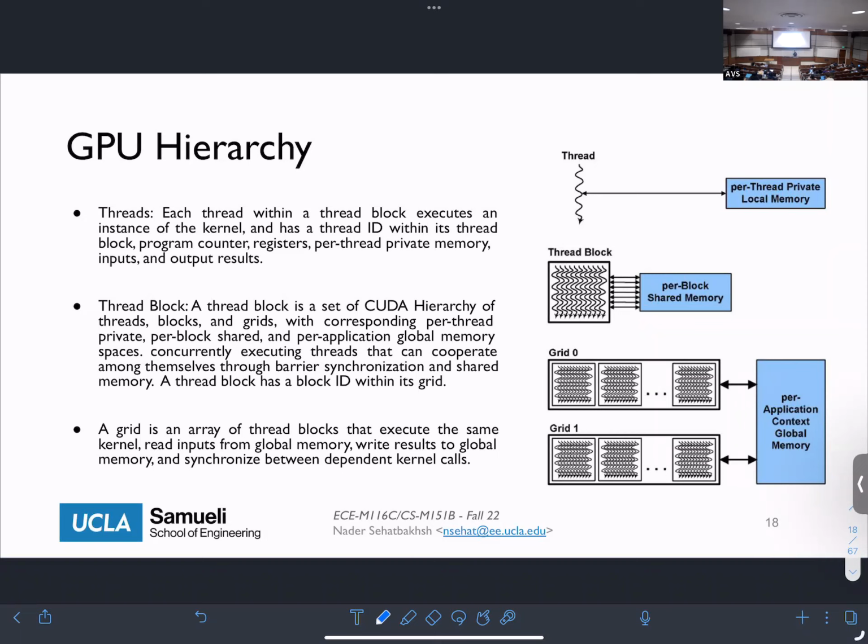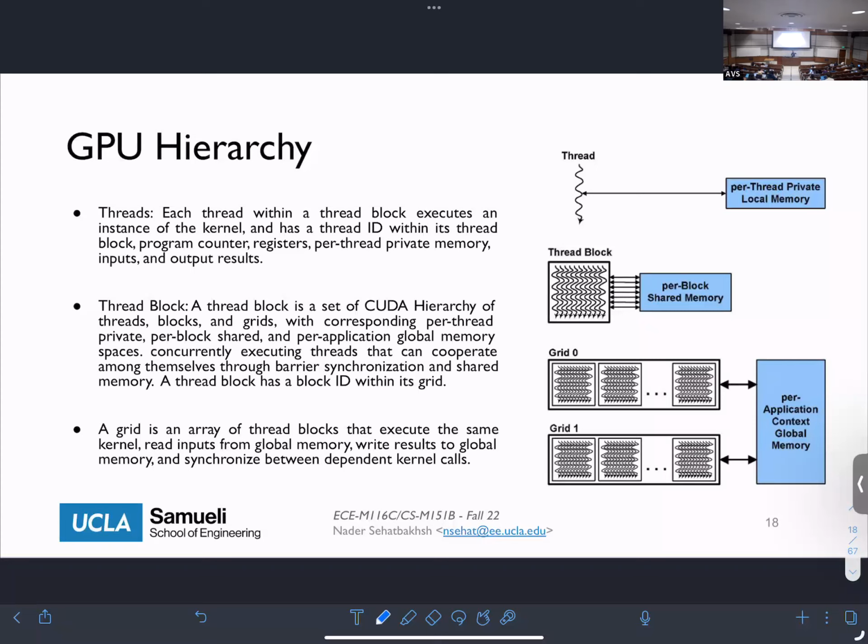Then a group of these threads becomes what we call a thread block. Think about a thread block as what we had in a multi-core system. A group of threads together shares a level 2 cache. And then a combination of these thread blocks creates what we call a grid, and the grid is mainly a program. So one kernel that we want to send is typically one grid. In some rare cases, there might be multiple grids for one kernel.